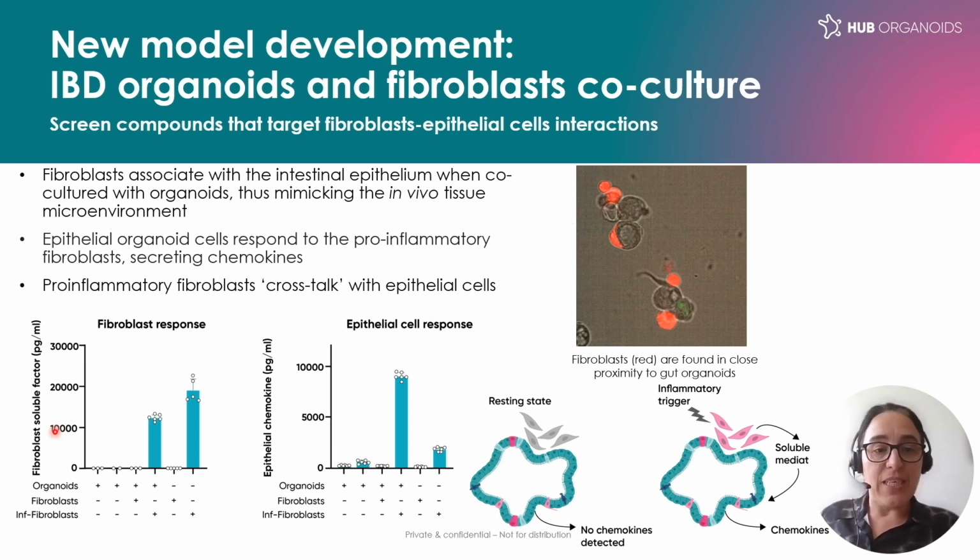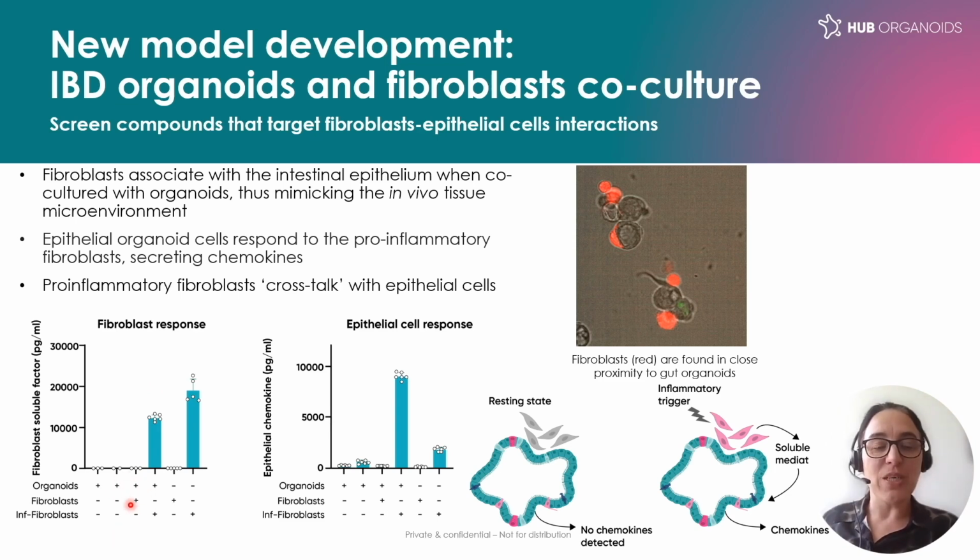Here you have the measurement of different soluble factors secreted either by fibroblasts or mainly by epithelial cells. Oh, sorry, this is with normal fibroblasts, because this is a soluble factor for inflammatory fibroblasts.